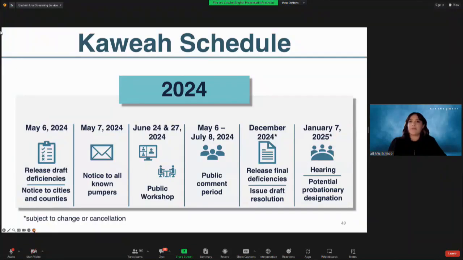The public comment period will run from May 6th to July 8th. And the final deficiencies and hearing will be in December and January.